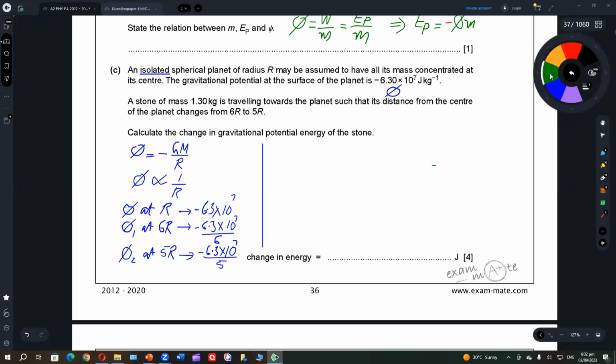Look at the formula which we have made. EP is equal to minus phi into m. When I need delta EP, I will be taking delta phi into m. Now I can subtract the potentials and multiply by the mass.